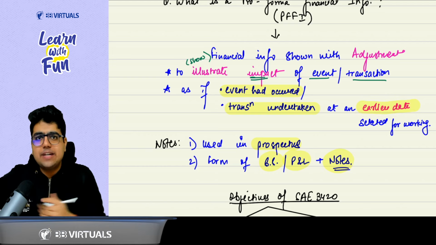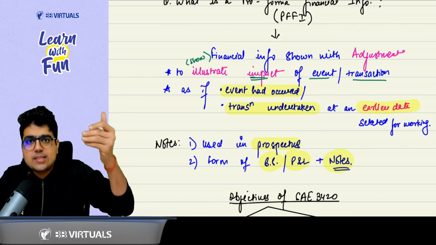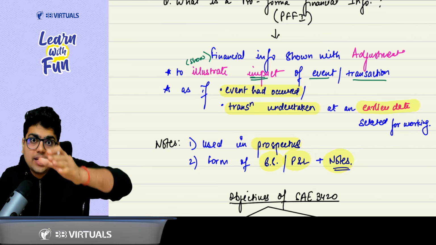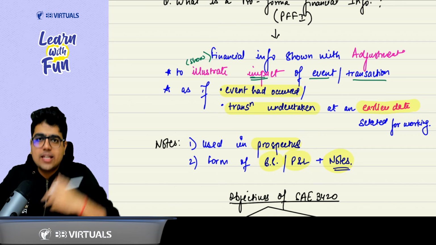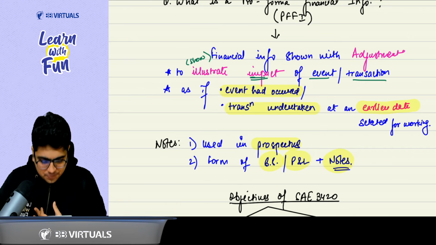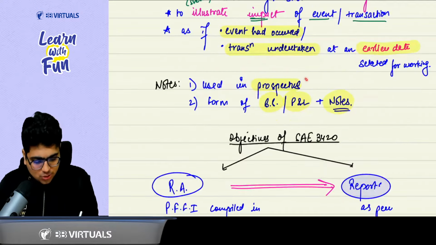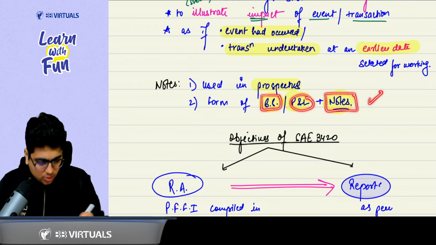In the example that we discussed, it was the acquisition of the subsidiary. So if you assume that the subsidiary was acquired earlier, what would have been the financial performance? What would have been the financial position? That is what PFFI is called. Got it? Got it, sir. This is used in the prospectus of the company and it can be in the form of balance sheet or P&L along with the relevant notes.